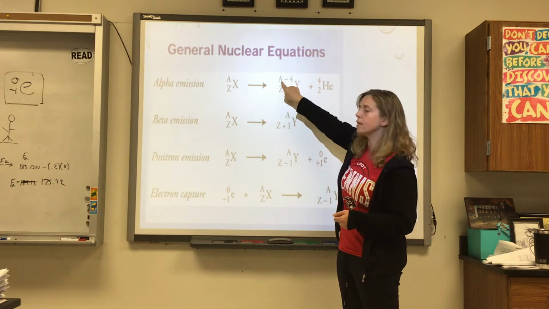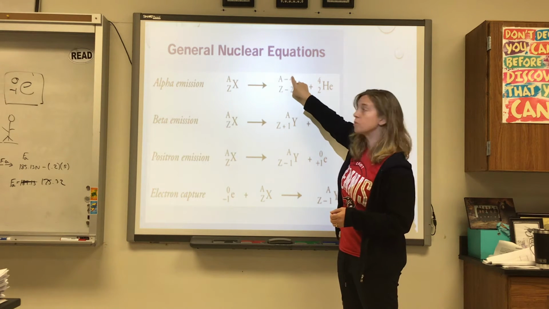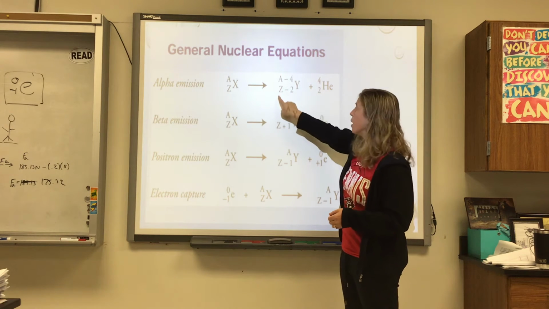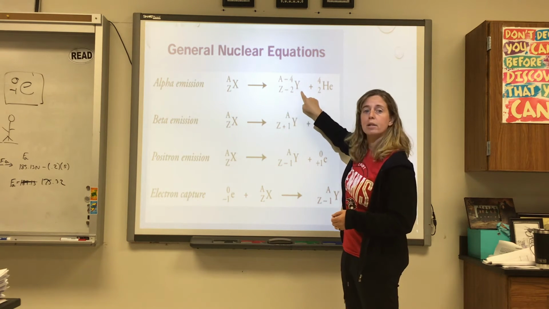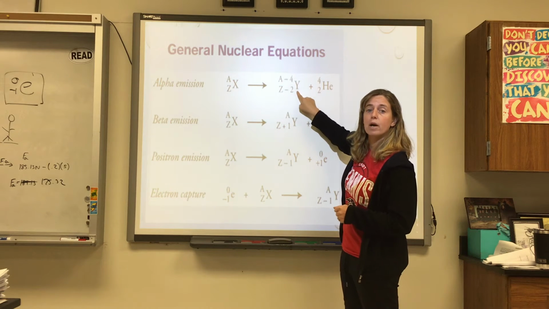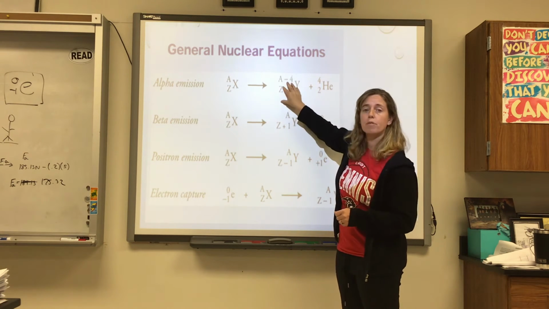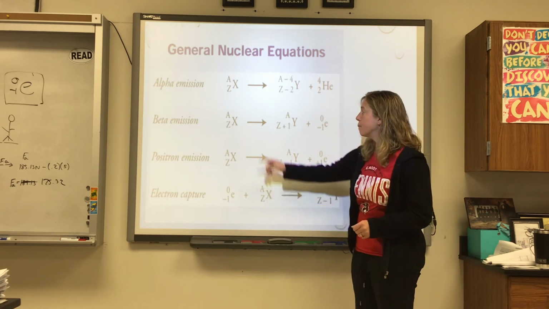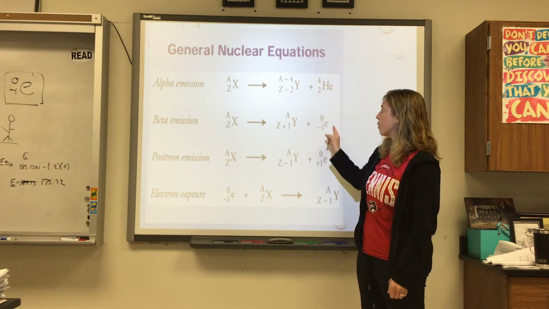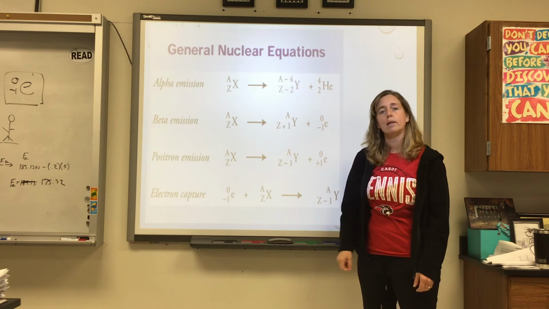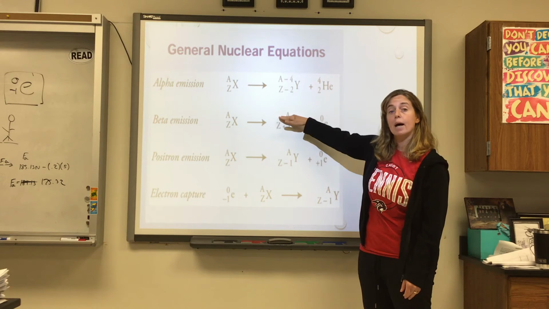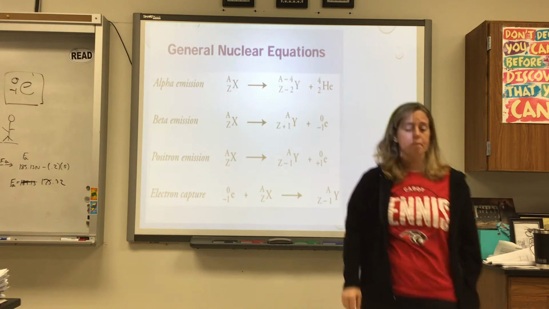So I'm taking the mass number and subtracting 4 because of the helium atom, and taking the atomic number and subtracting 2. And that's what's left over here. And then you also have your alpha particle that you write. In beta decay, remember, because I have a -1 on my electron, you're in essence adding 1 to the atomic number, and the mass does not change. Okay?